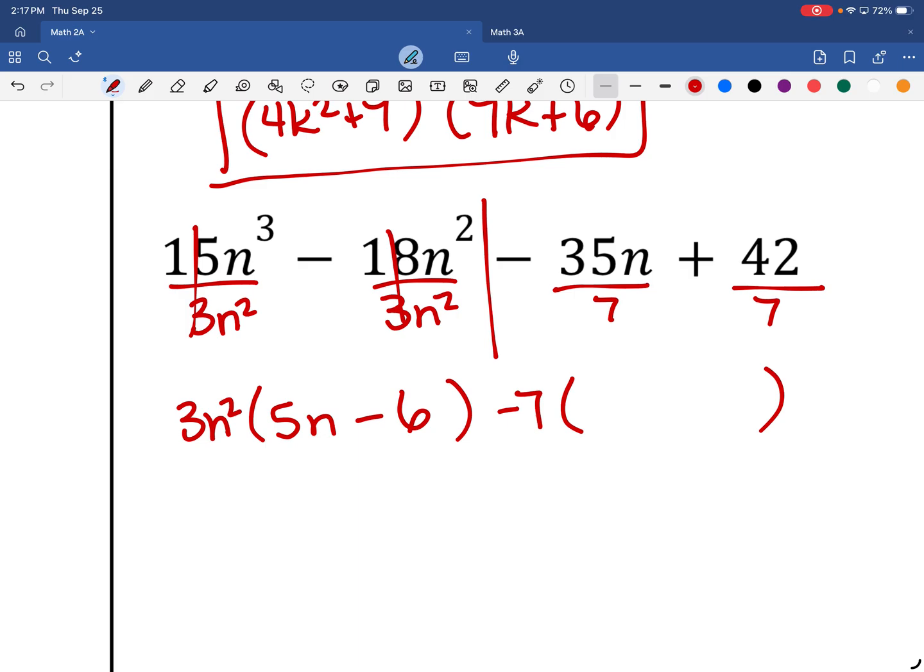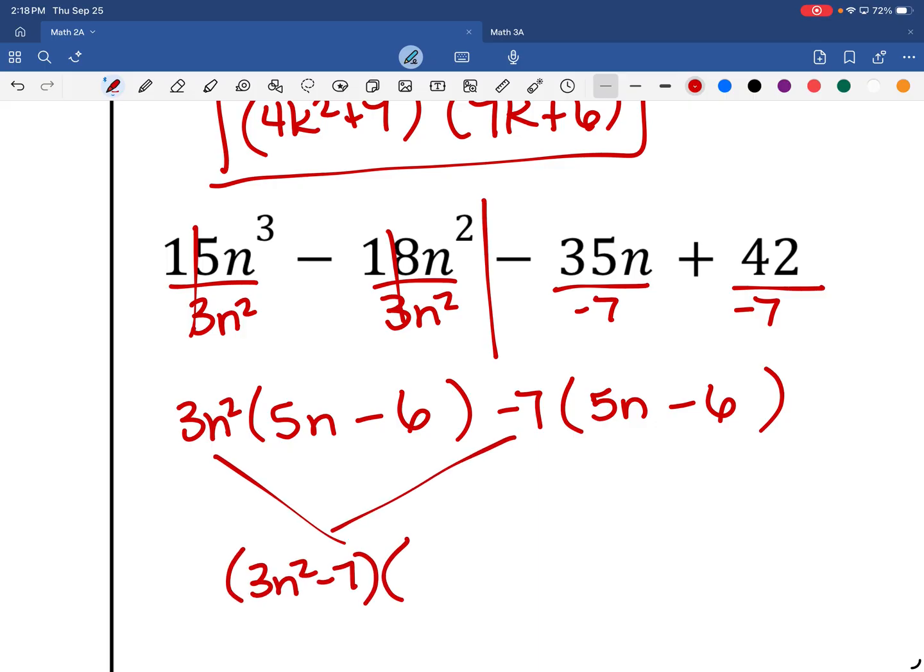And then negative 35 divided by negative 7 is positive 5. And then 42 divided by negative 7 is negative 6. And now they match. Okay, so our final answer is 3n squared minus 7 times 5n minus 6.